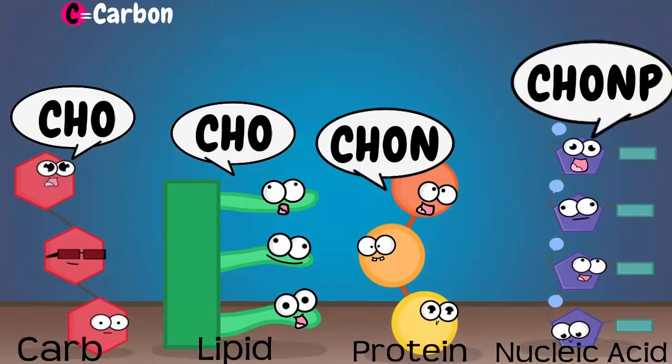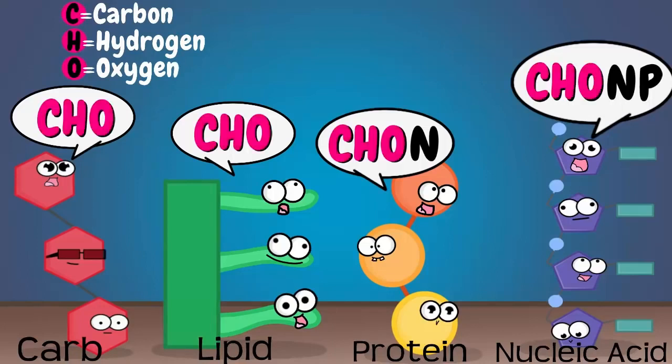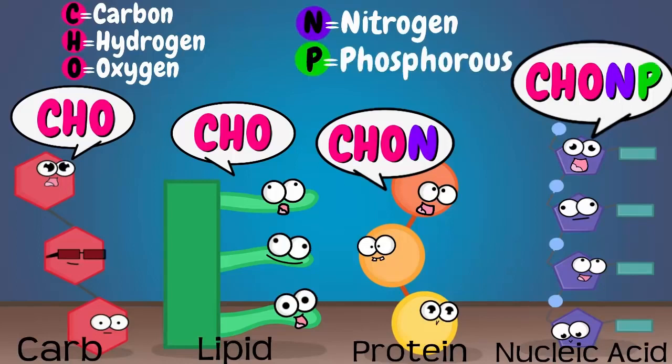The C stands for carbon, the H stands for hydrogen, the O for oxygen. So carbs, lipids, proteins, and nucleic acids all have that cho in there. It's just that proteins and nucleic acids also have an N, which is nitrogen. And nucleic acids additionally have a P, which is for phosphorus.